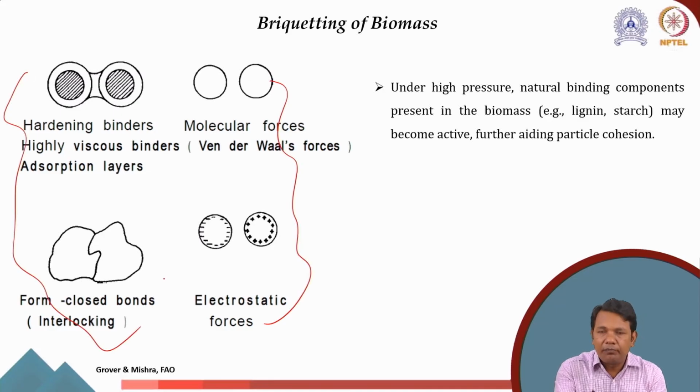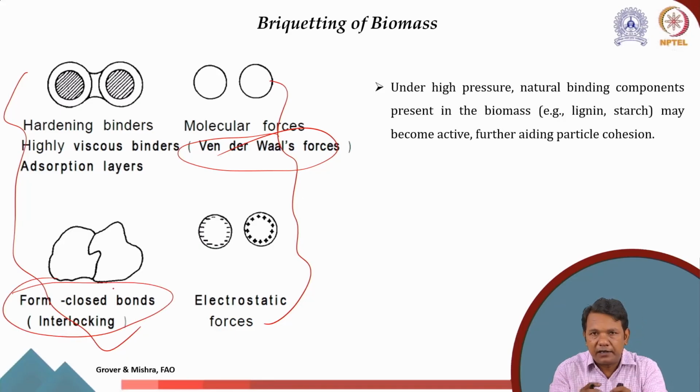While binders make some sort of weak chemical interactions, without binders the van der Waals forces are primarily responsible, along with the interlocking of the particles. You see here, this particle could have been of this shape, and now this particle of this shape comes here, and you compress it together, then they get locked, and taking them out becomes difficult. So interlocking of the particles is one of the important factors.